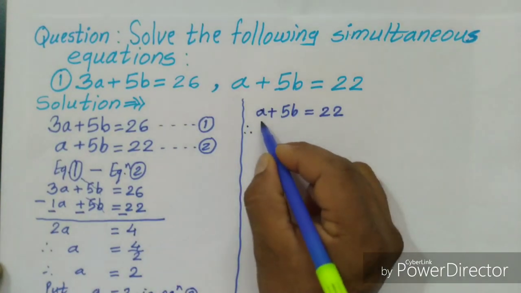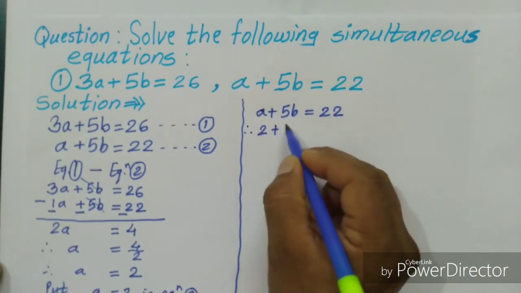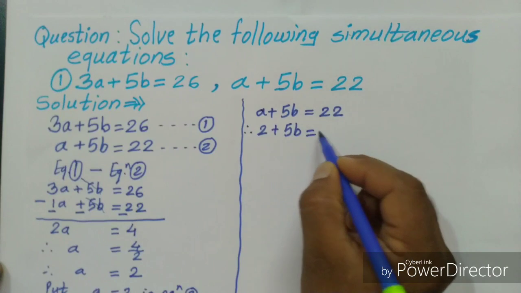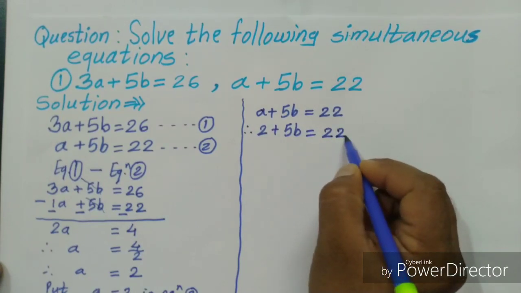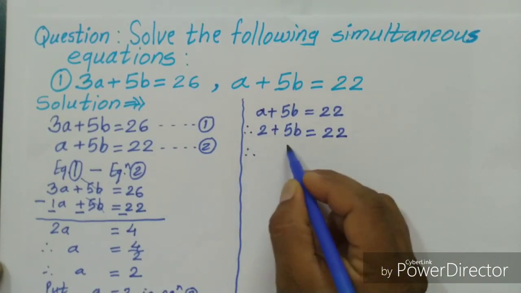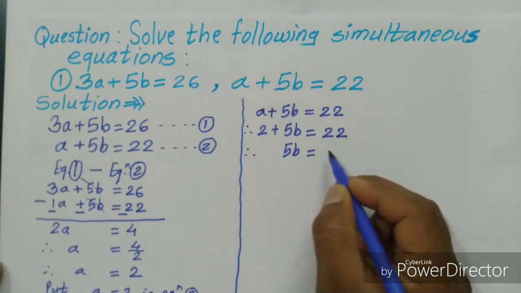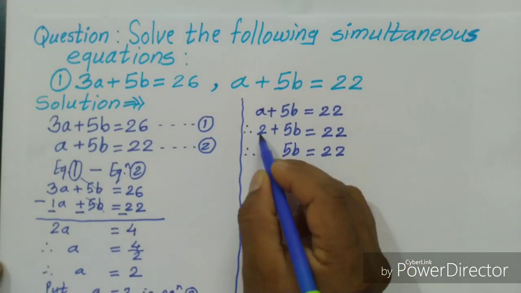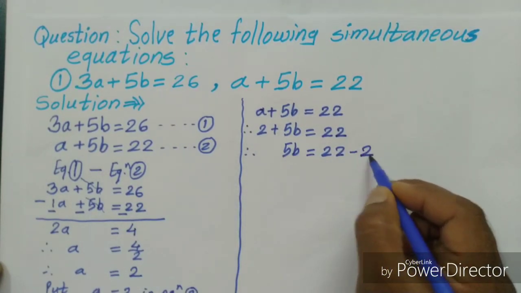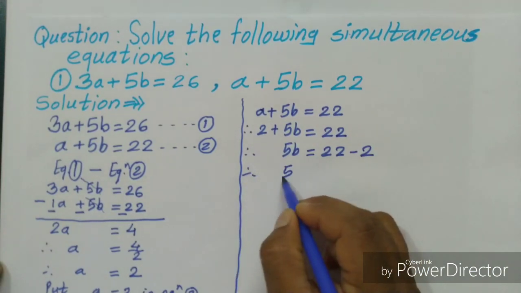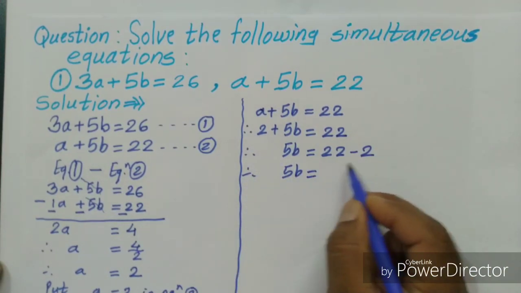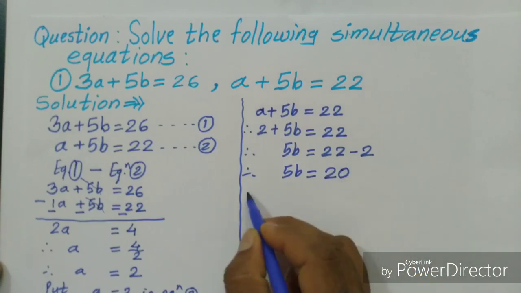Therefore, 2 plus 5b is equal to 22. Therefore, 5b is equal to 22 minus 2. Therefore, 5b is equal to 20.